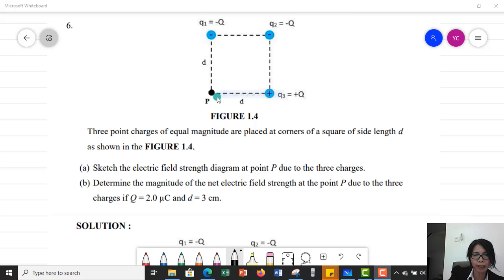Always apply the concept: for positive charge, the electric field line is outward. For negative charge, the electric field line is inward.